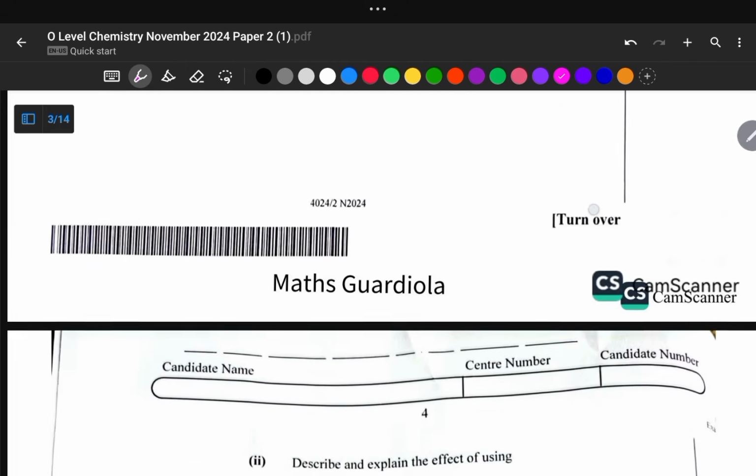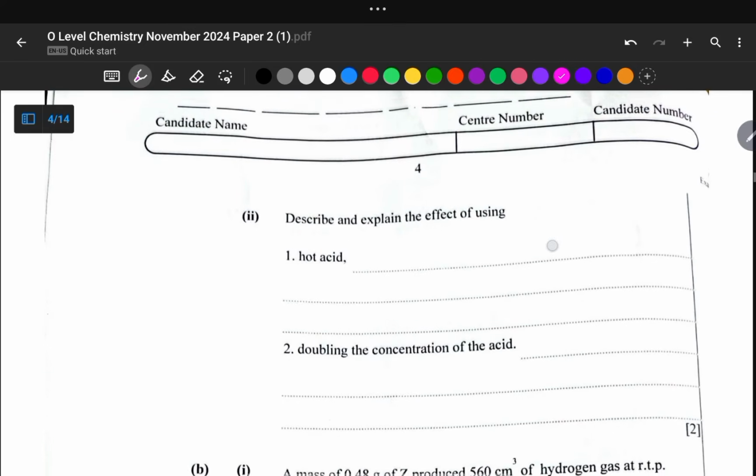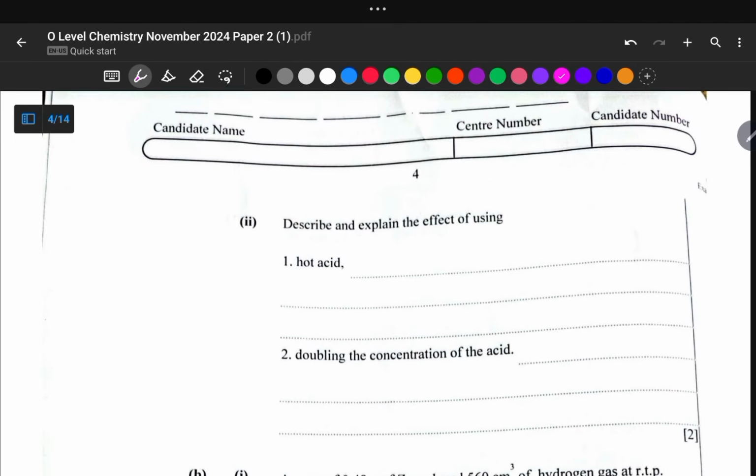And then we now move on to this part number 2, which says describe and explain the effect of using hot acid, meaning to say we've increased the temperature. So the effect of increasing temperature, according to the Boltzmann distribution curve, is that it will increase the number of particles with energy equal to or higher than activation energy, thereby increasing the effective collisions. So using hot acid will result in an increase in the rate of reaction, right?